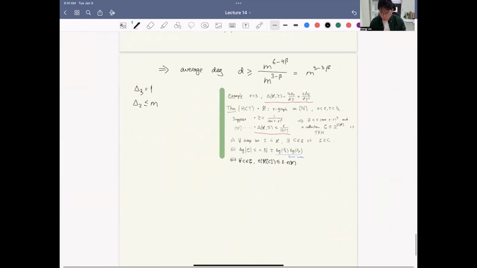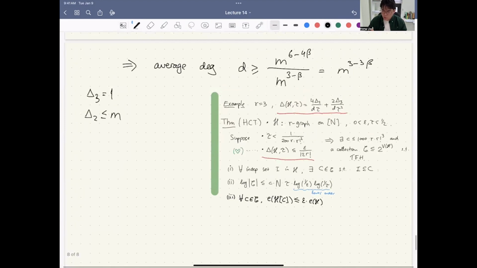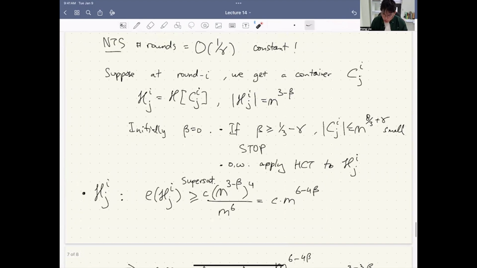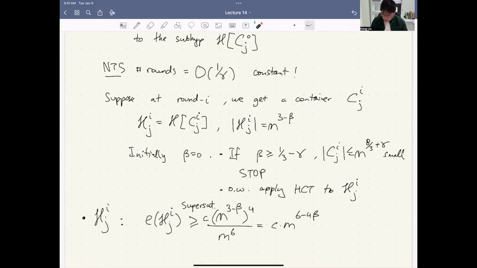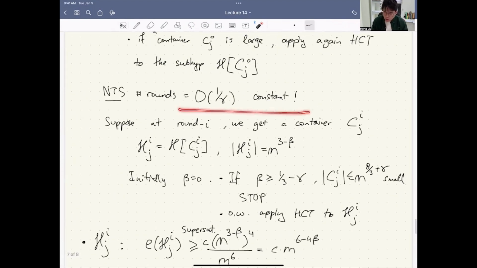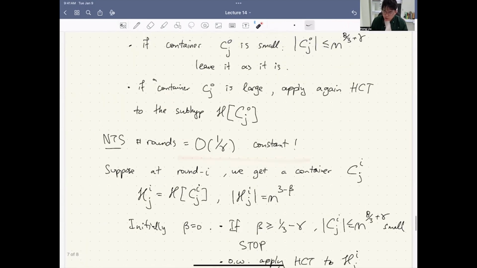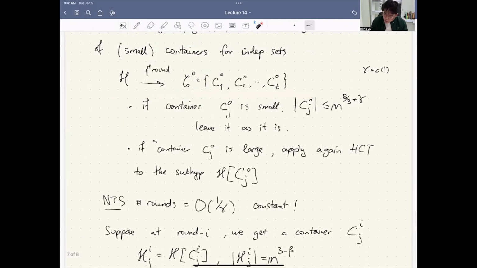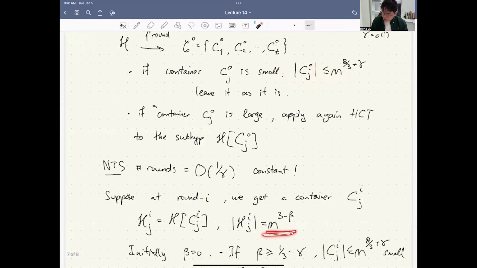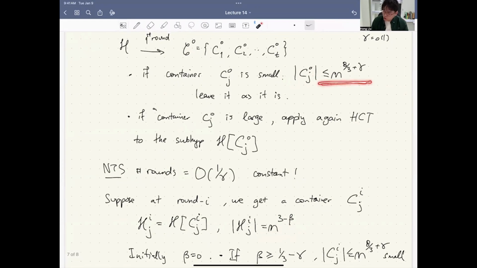Because if we take epsilon to be small, remember, we want our number of iterations to be small. How do we make sure that the number of iterations is small? We want to show that after every round, this container is shrinking quickly. So every time the container has size m to the 3 minus beta for some beta, we want it, after 1 over gamma rounds, to shrink all the way down to the desired size. And why is this shrinking?